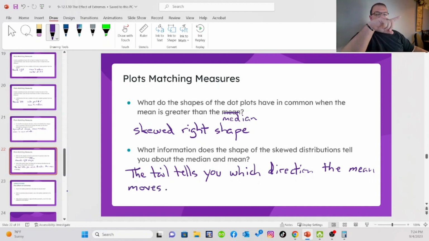If the mean moves left, then the mean is less than the median. If the mean moves right, then the mean is greater than the median. So the direction of the tail tells you which way the mean moves, and that tells you which one is greater.